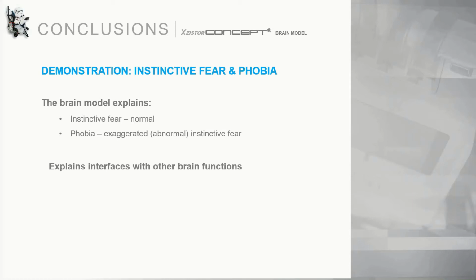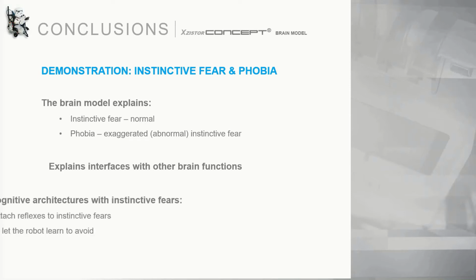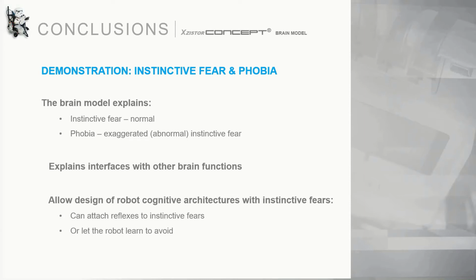The robot can learn, can get smarter about avoiding these fears, find solutions, and it's not just a simple if-then statement or a simple reflex which says if I see something or if I sense something, I must do this, and that's it. There's scope for learning, for developing, all based on the normal intelligence and emotional apparatus in the brain.